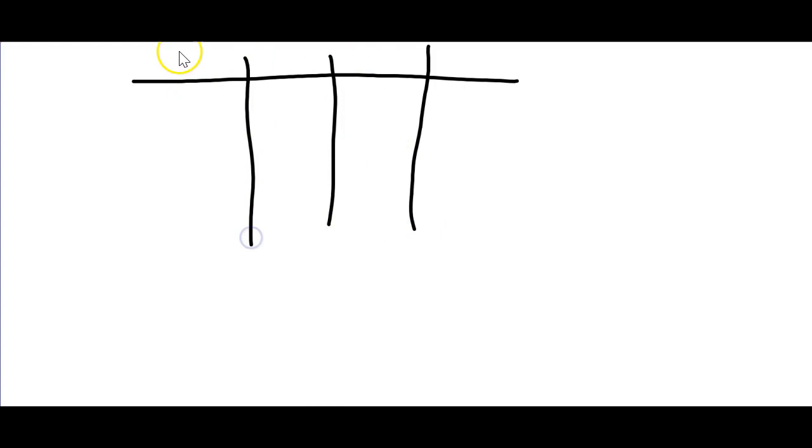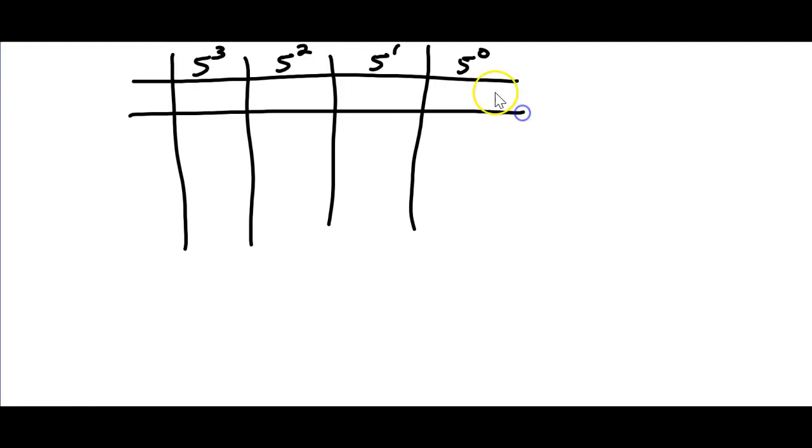So in base 5, oh, these are horrible vertical lines I'm drawing here, huh? I'm not teaching art. We've got 5 to the 0, 5 to the first, 5 squared, 5 cubed, and so forth. This represents 1. This is our 5s, this is our 25s, and this is our 125s. 5 cubed is 125.